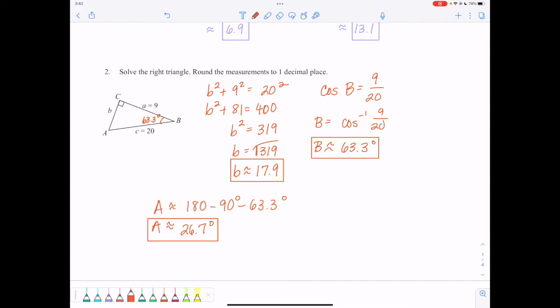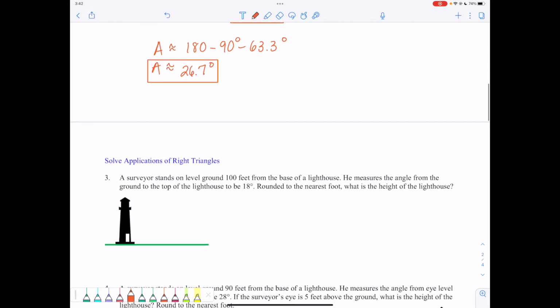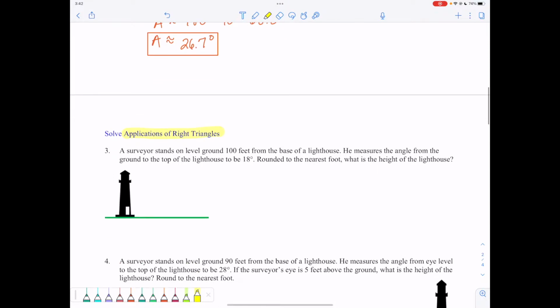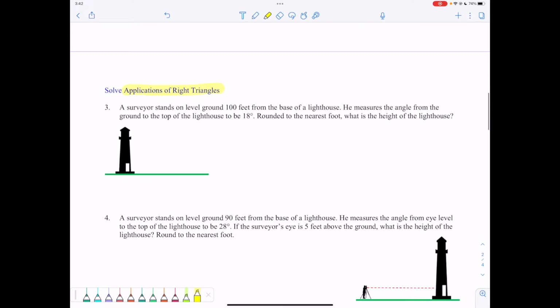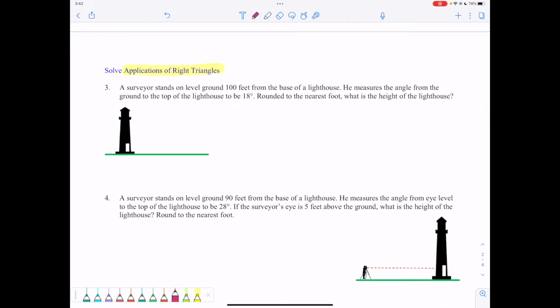Okay, looking at number 3, we have an applications problem. We have a surveyor standing on level ground 100 feet from the base of a lighthouse. You know what? Let's go ahead and get that on there.